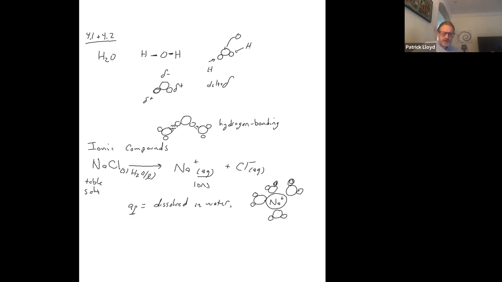Those water molecules have their oxygen atoms oriented toward the sodium ion. Opposite charges attract. You've probably heard that, right? The positive charge of the sodium ion is attracted to the negative charge of the oxygen atoms. I haven't explained why the oxygen atom has a negative charge and the hydrogens have positive. That's later in the course. We'll talk about that.